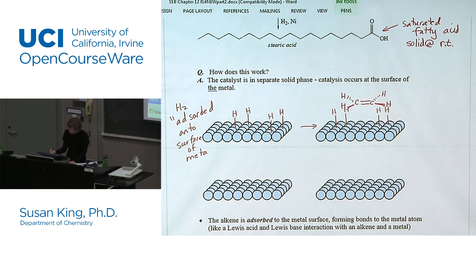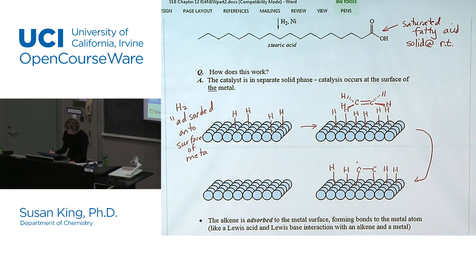When it comes in the vicinity of one of these, let's add some new hydrogen here. These are going to add to the same side. So what's going to happen in this next phase is that we've got our hydrogens here. The alkene goes away, and now we have something that looks like this.